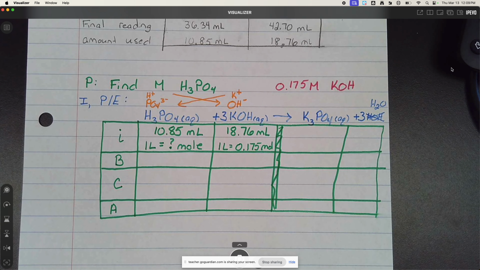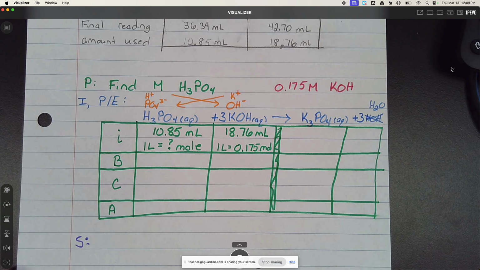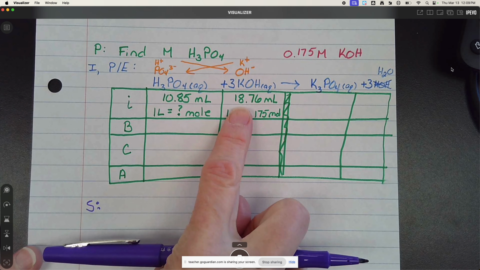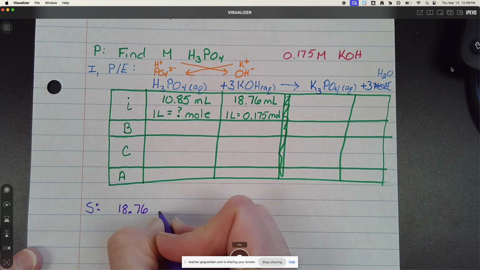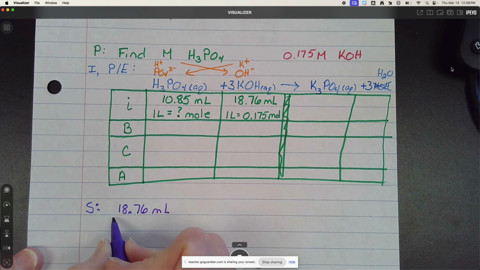And that's ultimately what I'm trying to figure out here, how many moles per liter on that. But I do know something about where I'm starting. I know that I used 18.76 milliliters of KOH.